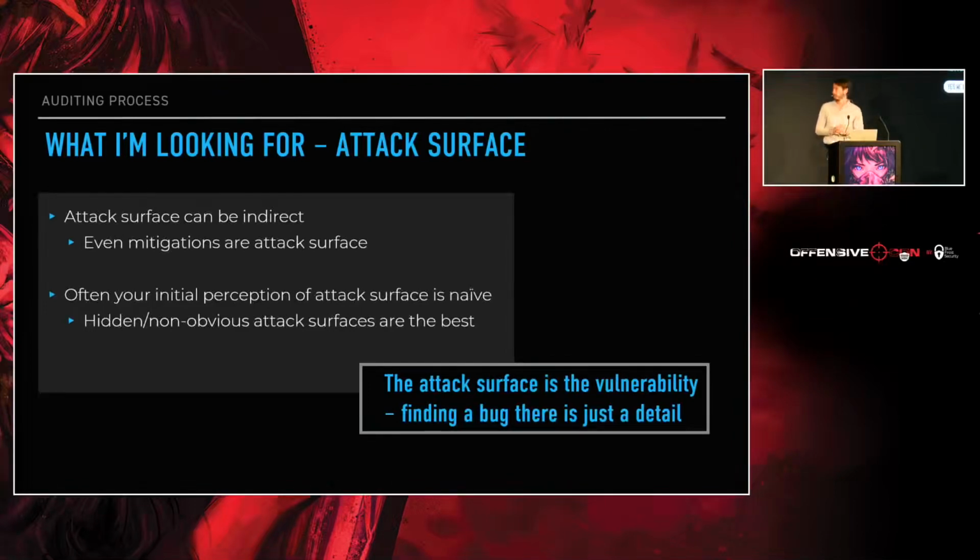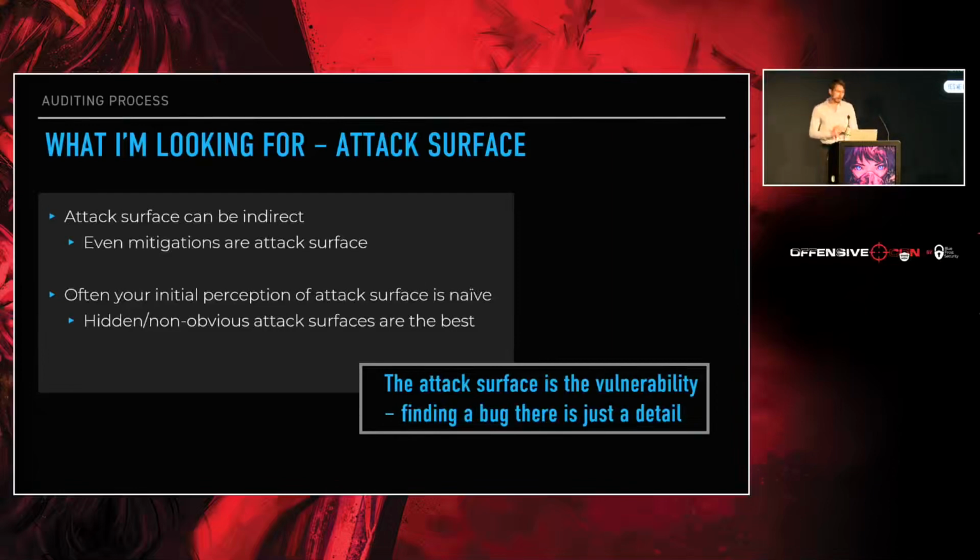So returning to the browser example we had before, looking at something like array.concat might be a direct part of the attack surface, but looking at JIT generation, like a lot of the modern bugs, is an indirect attack surface. It's like a second order attack surface, you might say.